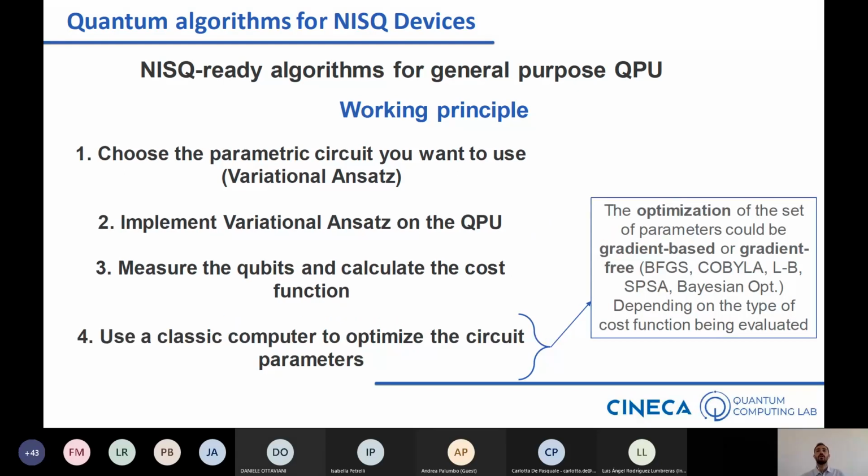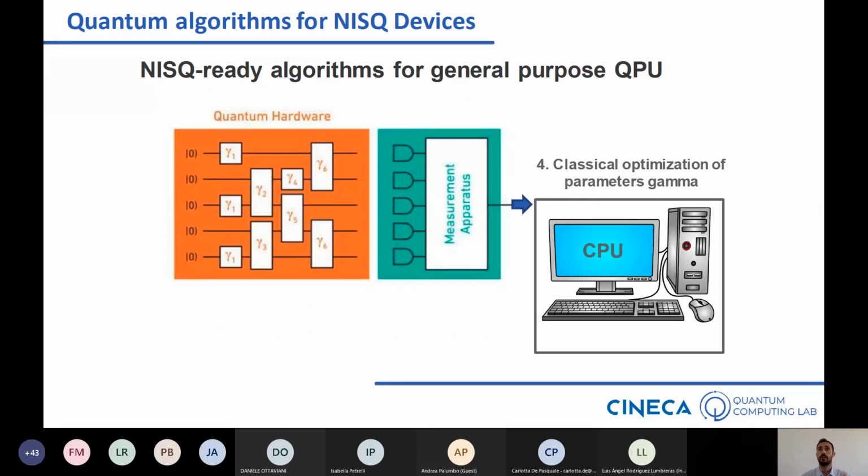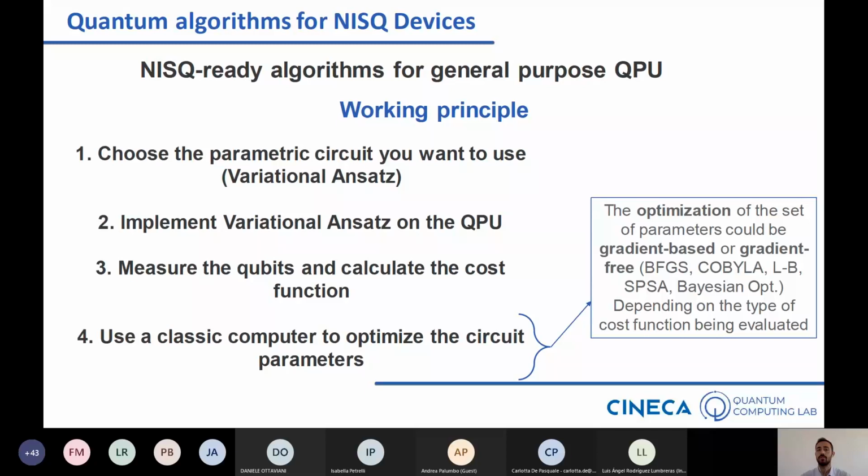Then you pass the cost function to a classical computer that uses an optimization technique, which could be gradient based, like gradient descent, or gradient free, like the one shown here, which tells you how to modify the parameters of your parametric quantum circuit.